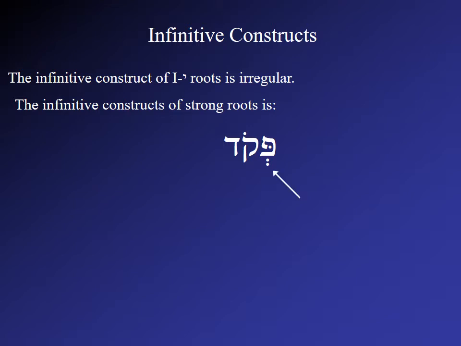So the markers are a vocal schwa in the first syllable and a holem, O class, in the second syllable. Note that the vowel pattern of the infinitive is uh-oh, pakod. So one way of remembering this is uh-oh, it's an infinitive construct.